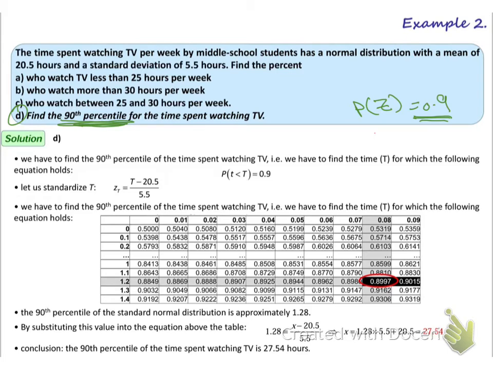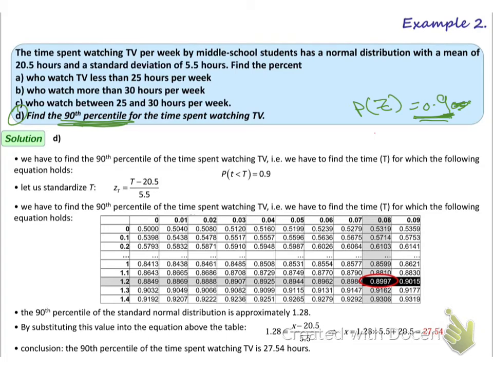So in this case, I look in the table for the one which equals 0.9. He gave me 0.9, but there is no such value here, so I have to get the closest one to it. If I look at the table here, I find that 0.9 doesn't exist.